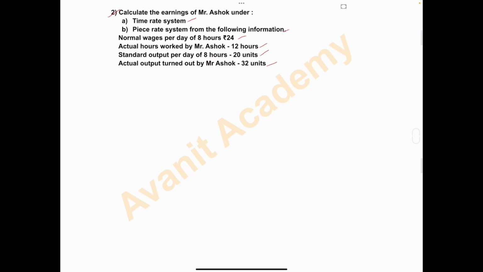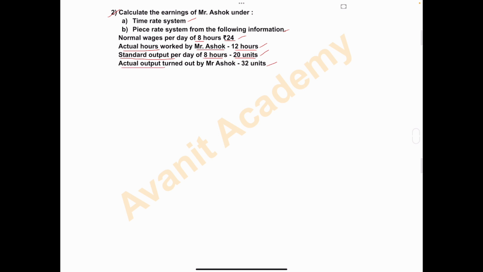Okay, the normal wages per day of 8 hours. For 8 hours, the time wage is rupees 24, and this employee, Mr. Ashok, has worked for 12 hours. Standard output per day of 8 hours: in 8 hours, the standard output is 20 units.